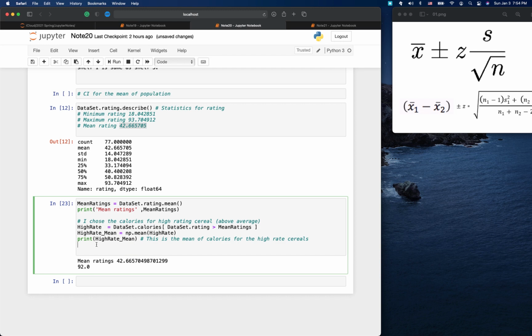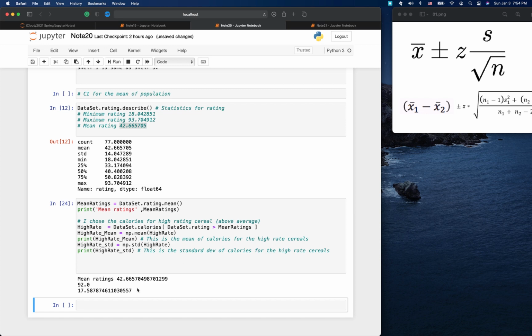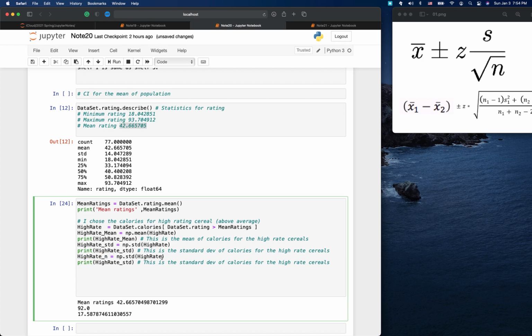And then I'm going to find the standard deviation. Instead of mean, I'm writing down the standard deviation. This is the standard deviation. So standard deviation is 17 for high rate cereal. And then what else I'm going to do, I'm going to find the number of, let me see if NP has count.